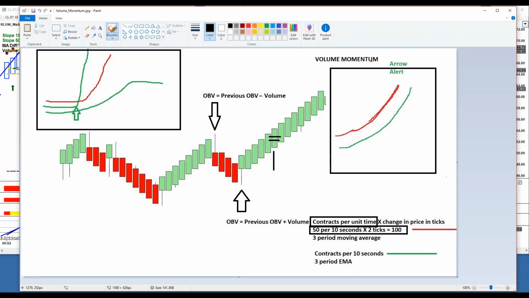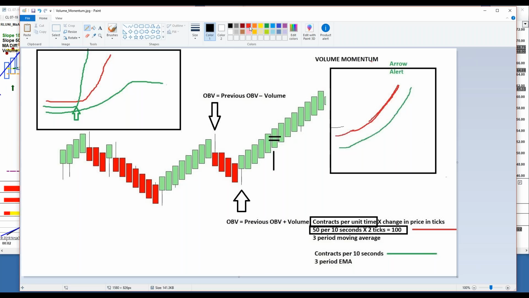You do have a rising move, but remember, this could be 0. By default, we're setting it as 1. We want the slope in the change in price times the volume to look like this.